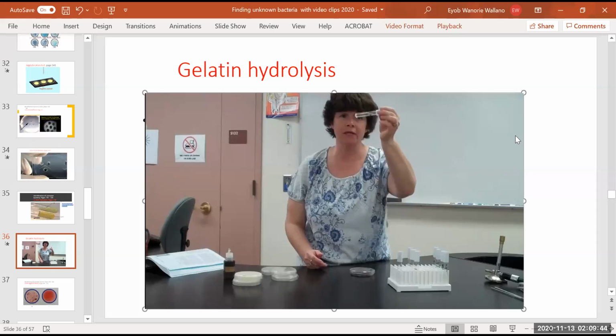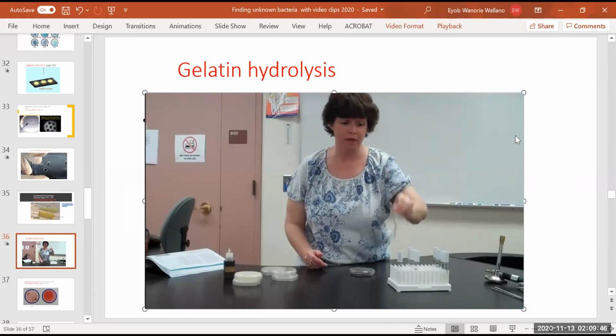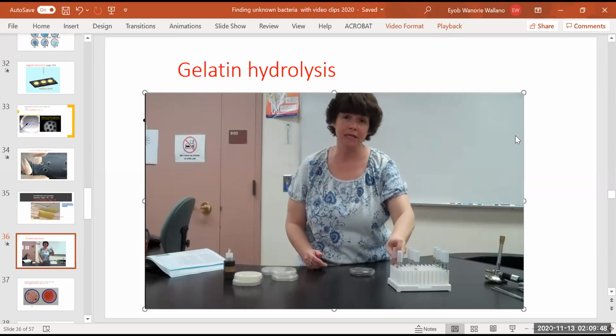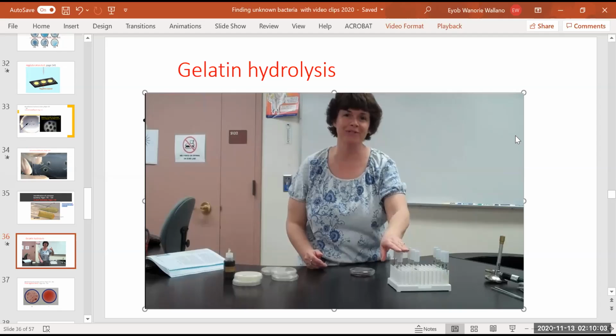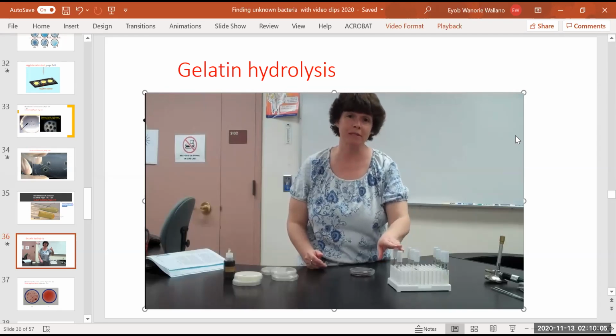If once refrigerated it remains a liquid, that's a positive result because the gelatinase has broken down the gelatin in the media. So for the gelatin tubes, we're going to put them in the refrigerator, wait, and then look to see if it becomes a solid in the fridge or if it remains a liquid.